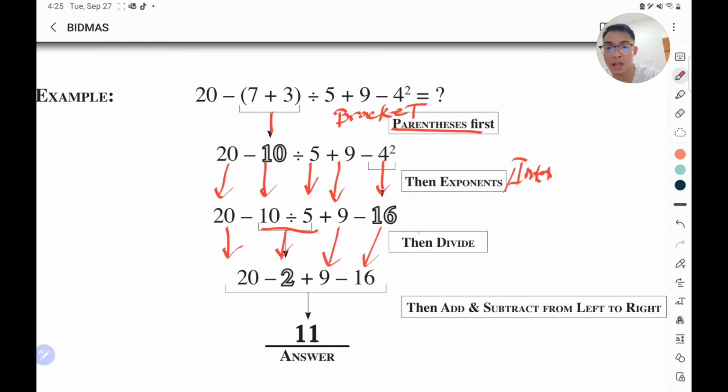Now we just add and subtract whatever comes first from left to right. So we do 20 minus 2 is 18, then plus 9 is 27, minus 16 is 11. That's our answer there.